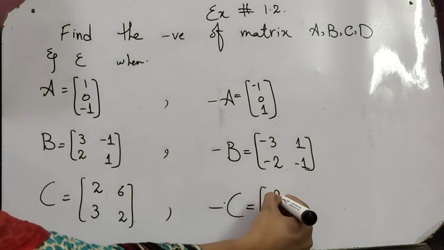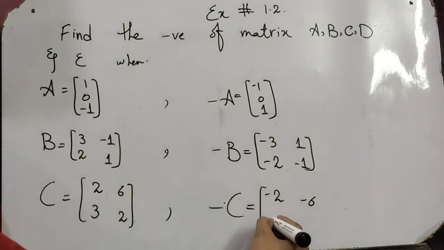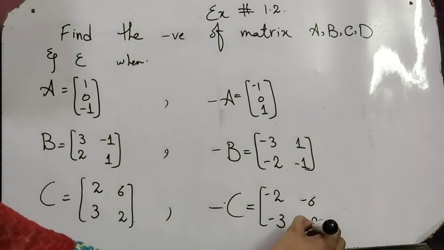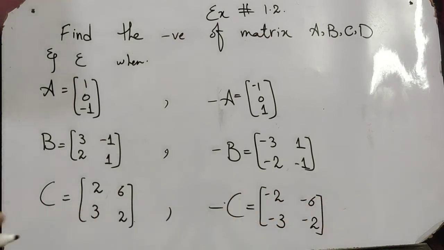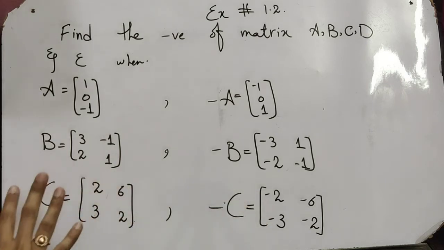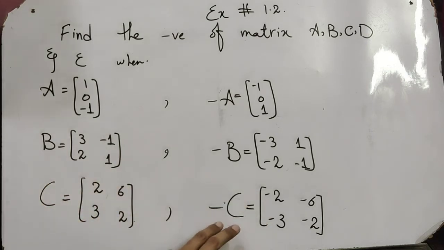It means minus 2, minus 6, minus 3 and minus 2. So minus C is the negative of C.